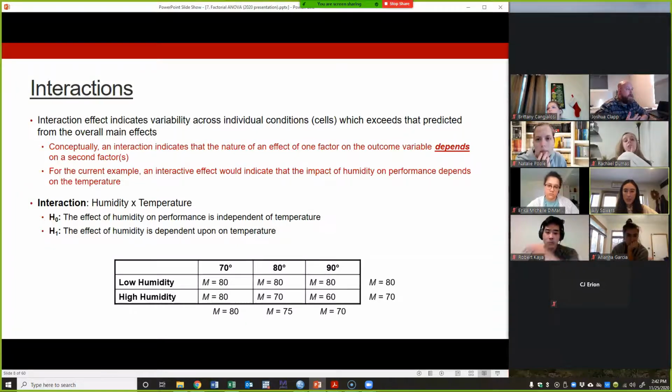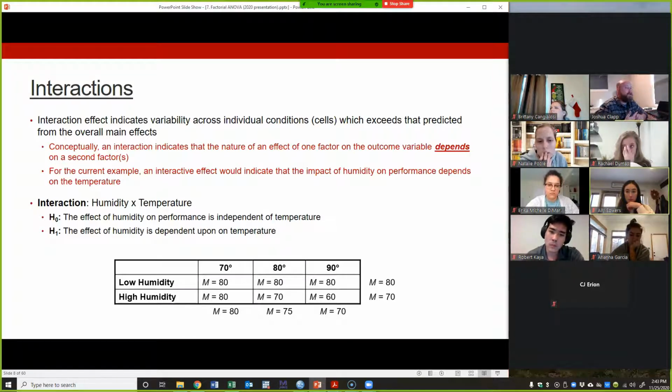low temperatures. Exactly, right? I can say I've got a main effect of humidity, and my main effect of humidity says that people are performing better at low levels of humidity than high levels of humidity. But that's kind of an incomplete answer, and it's a little bit misleading, because at some temperatures, humidity doesn't impact performance at all, but at higher temperatures, it impacts it a great deal, right?